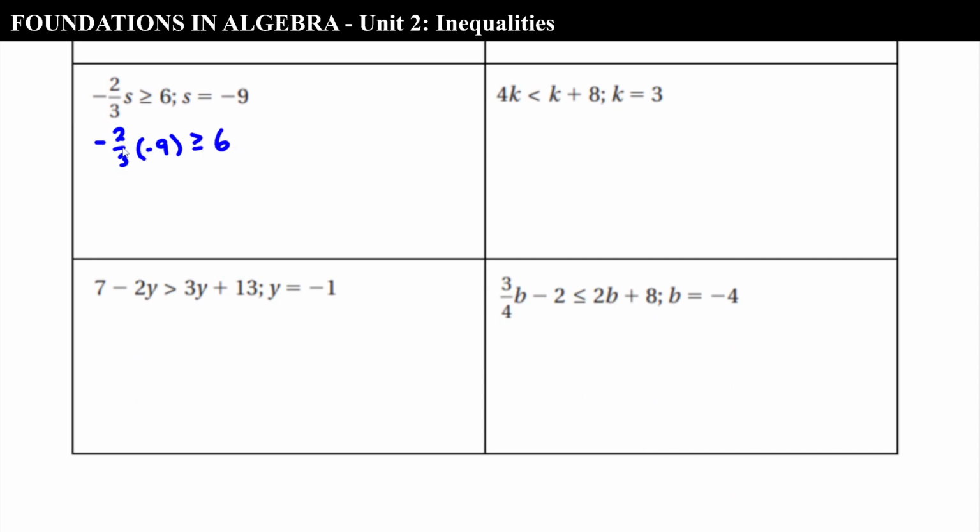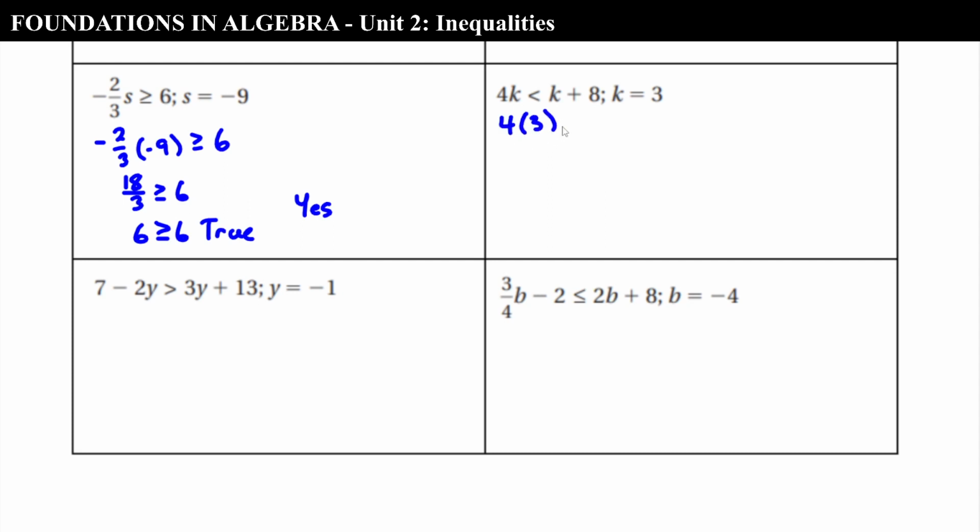Now remember, when we multiply by a fraction, this is multiplying across. So we have negative 18. Well, actually, negative times a negative gives us a positive, so we just have 18 over 3. It's greater than or equal to s. And 18 divided by 3 gives us 6. It's greater than or equal to 6. This is true. So yes, negative 9 is part of the solution set.